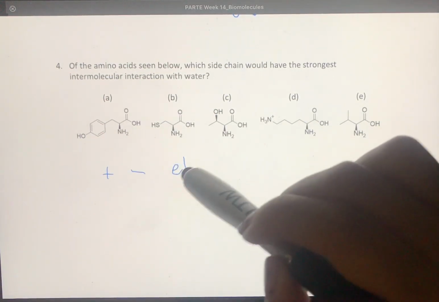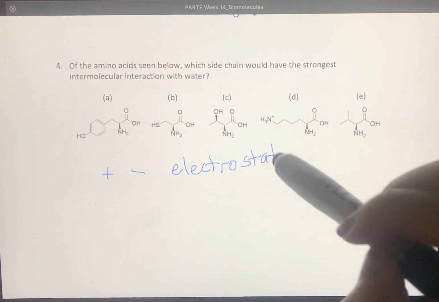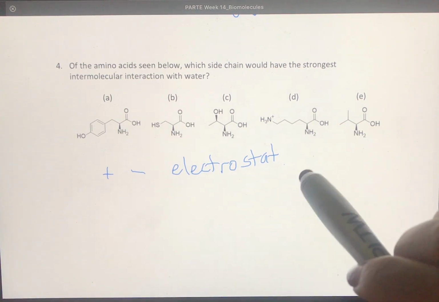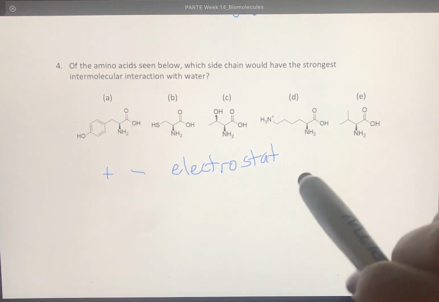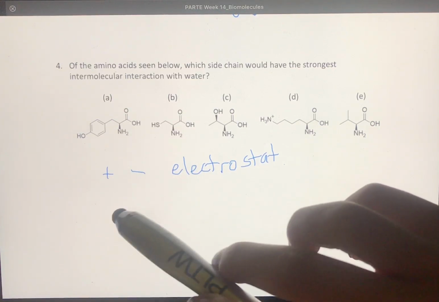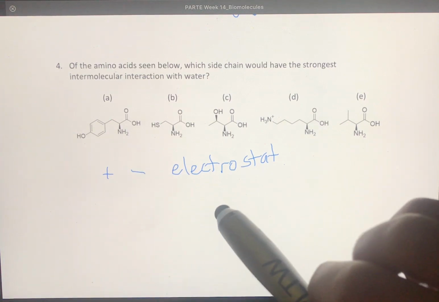So that's electrostatic. That can also be called ion or ionic. The next one that we have is going to be an ion with a dipole.